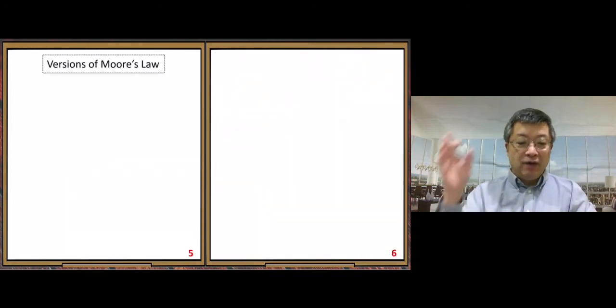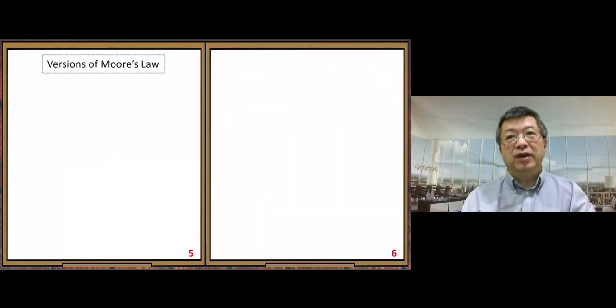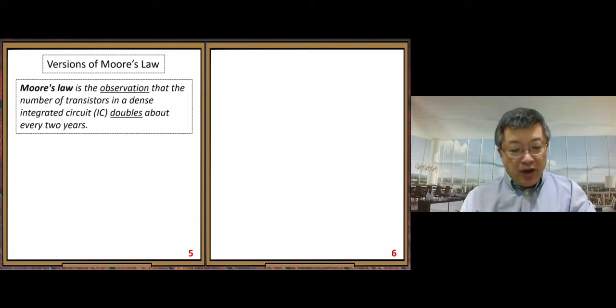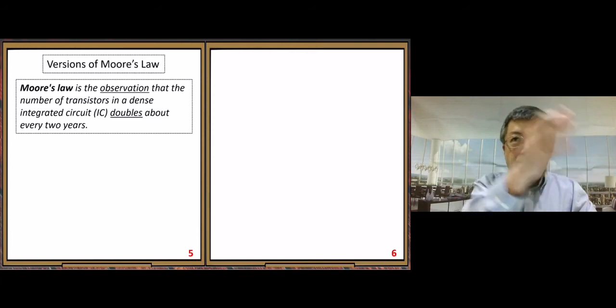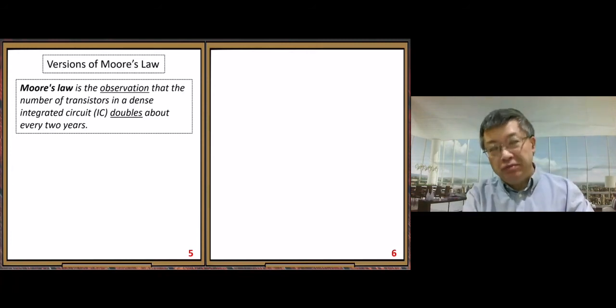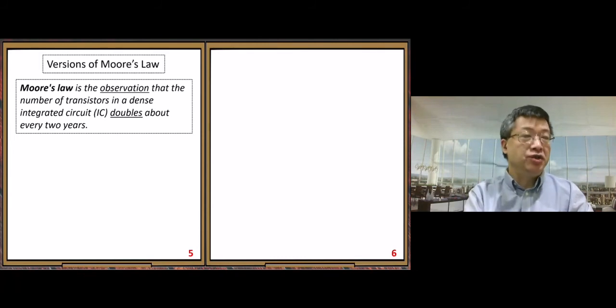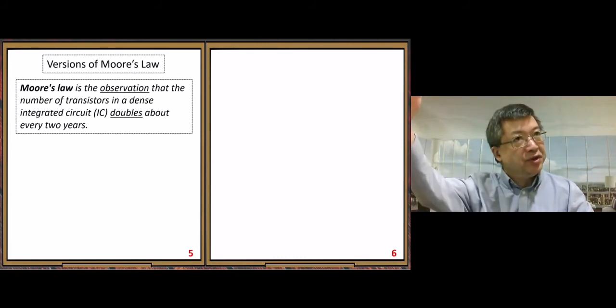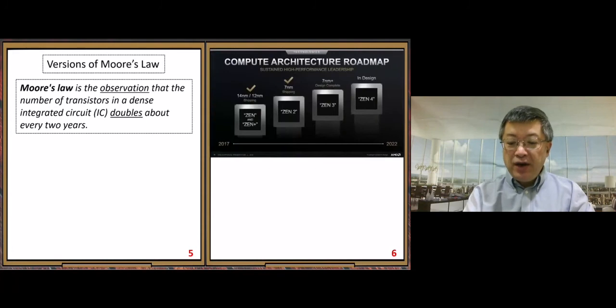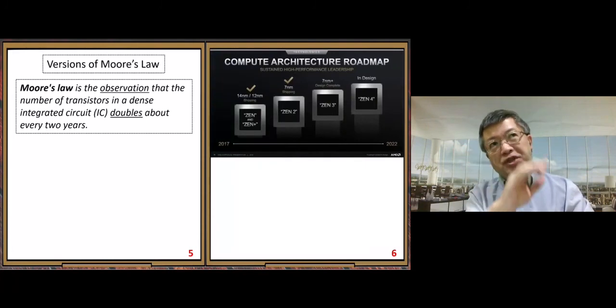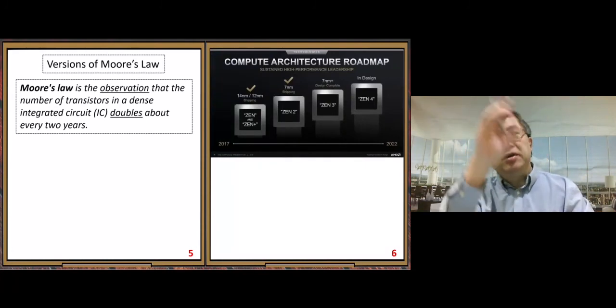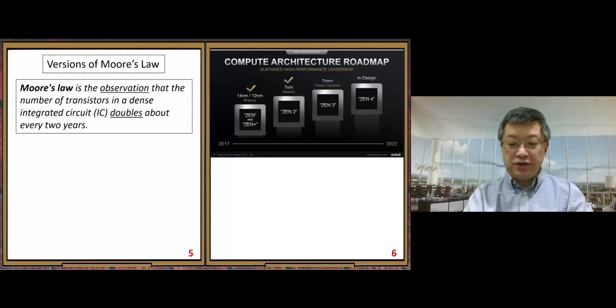Versions of Moore's law. The initial version is like this. We are talking about transistor density, but we do not always have to use that version. We can change to other versions. Here I use the example of AMD CPU processors.